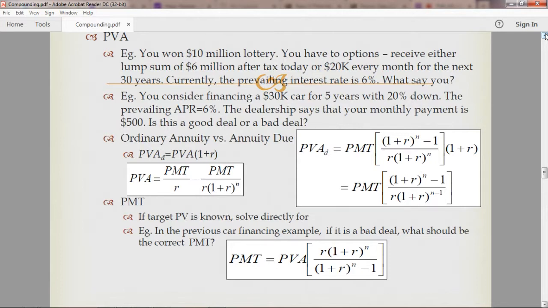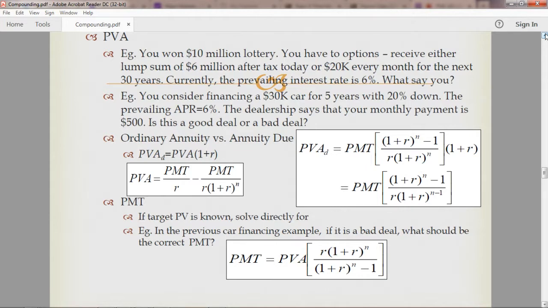Is there any bank that will wait 30 years for you to come up with a large lump sum future value and to pay back? Huh? No. It's out of the question, isn't it right?